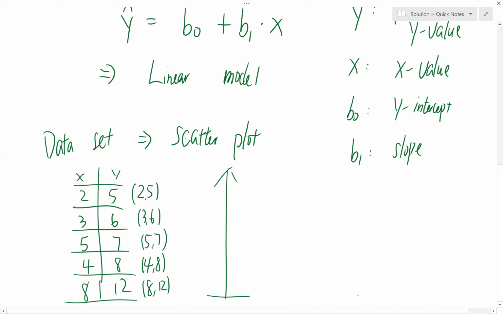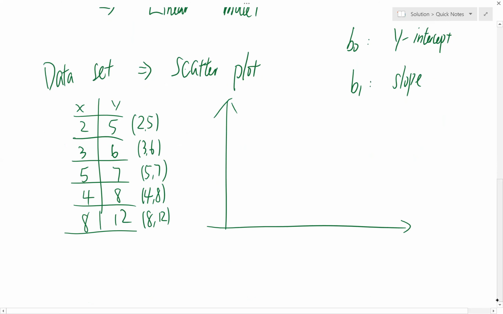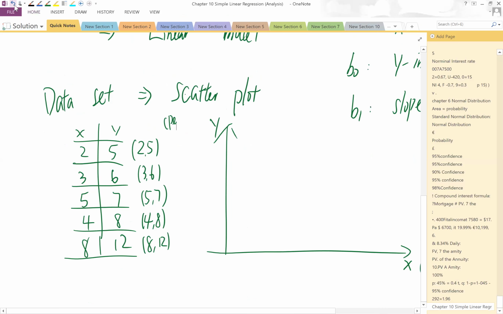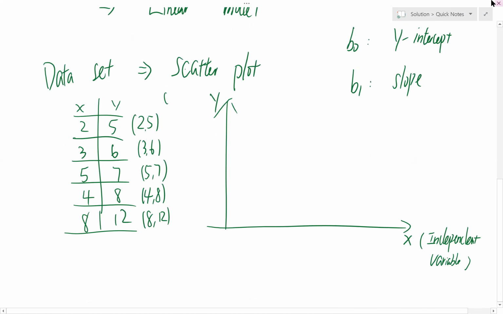Just like in any algebra course you've been dealing with, we put in the ordered pairs and then plot them. The x variable goes here. X is what we call the independent variable. And the y variable goes here, the dependent variable. We're going to plot those ordered pairs first and try to understand what kind of model fits here.